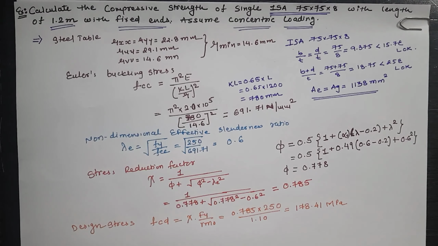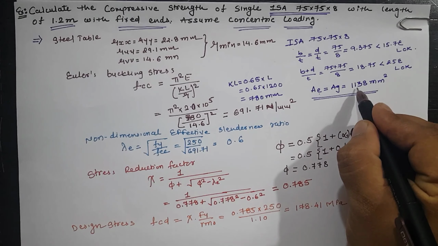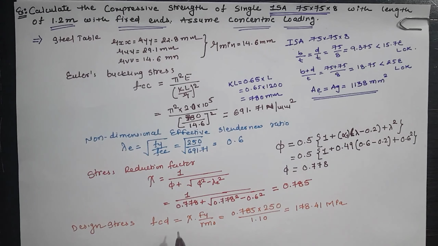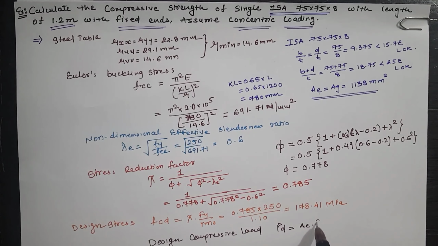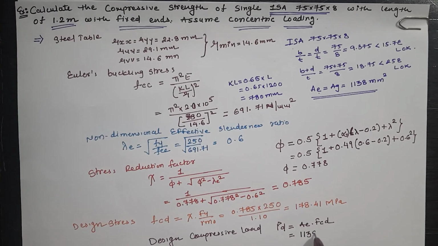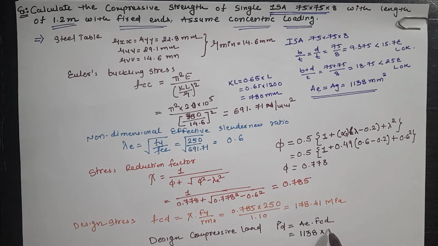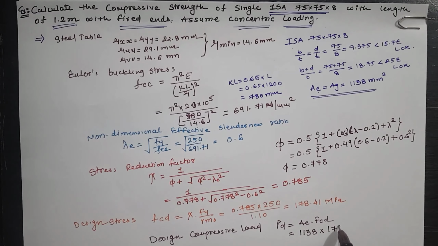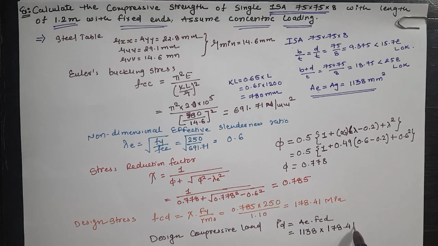Now we have the effective area as 1138 mm square and FCD is equal to 178.41. So the design load is the effective area 1138 into the design compressive stress 178.41.